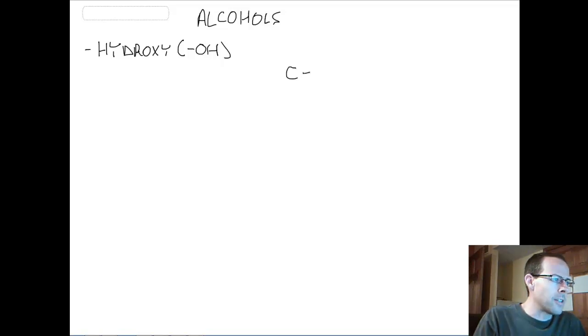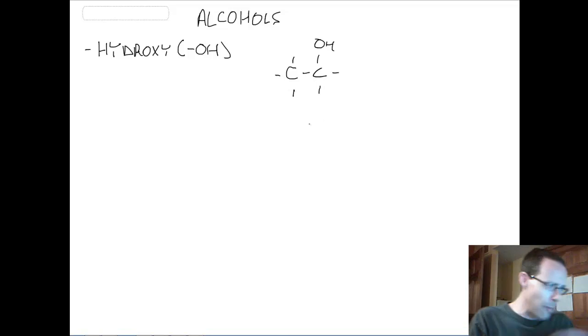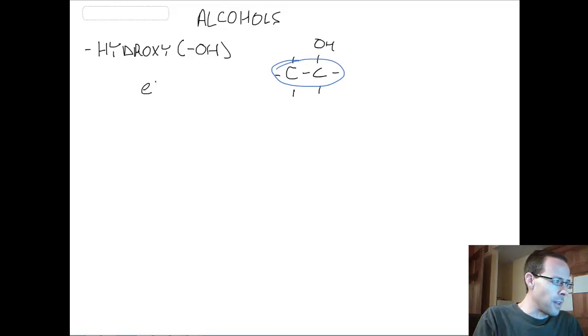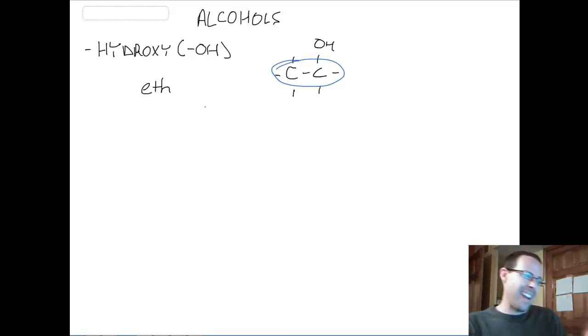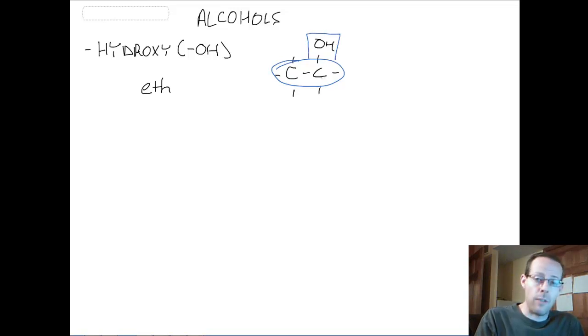So if we were to draw CC, and then put an OH up here, and just leave everybody else H's, so into each of these dashes we have H's. How we name this is we first look at how many carbons is our longest chain. It is 2, so we're going to start with eth something. And what happens with this one, instead of calling it an ethane, this functional group has its own suffix.